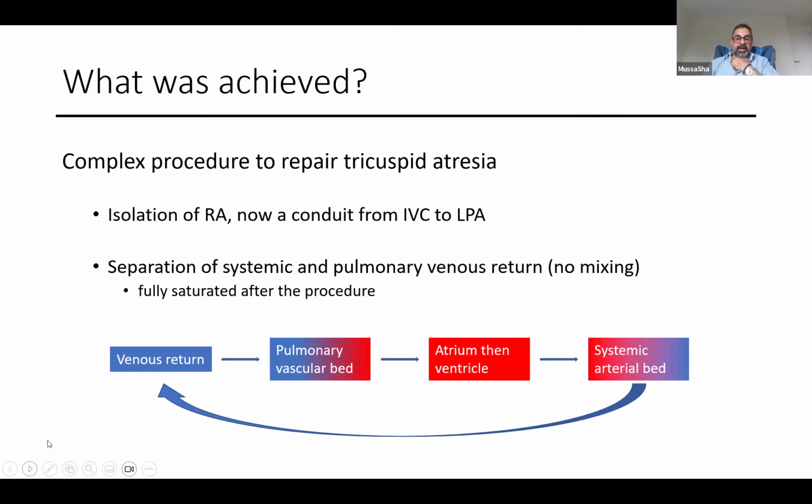So therefore, a classic single ventricle circulation where only one side of the heart was actually pumping blood into the systemic arterial bed. So that's what he had achieved.